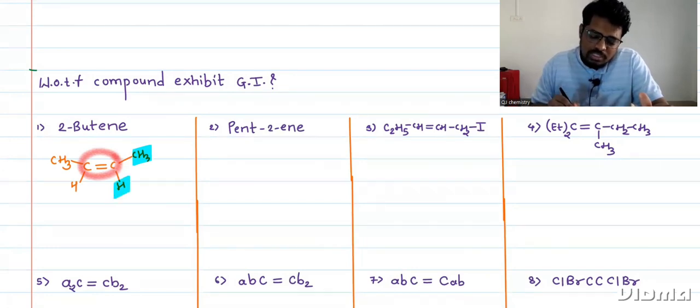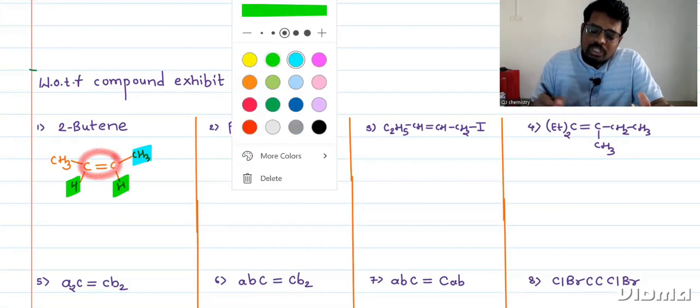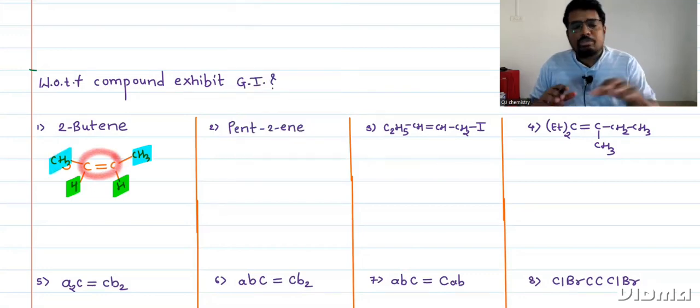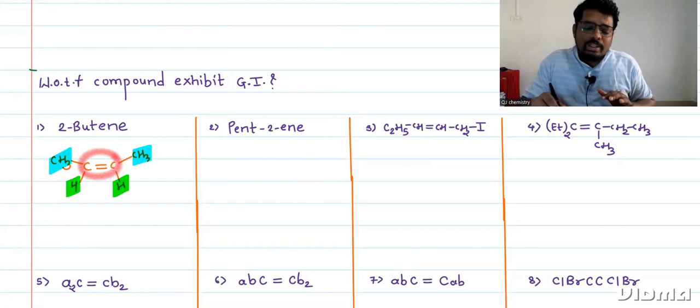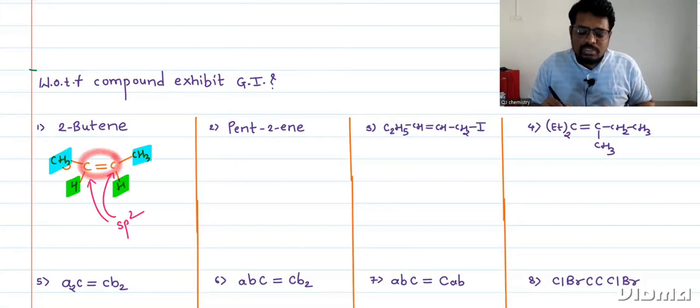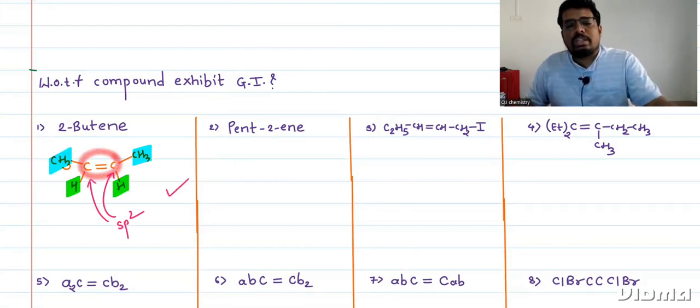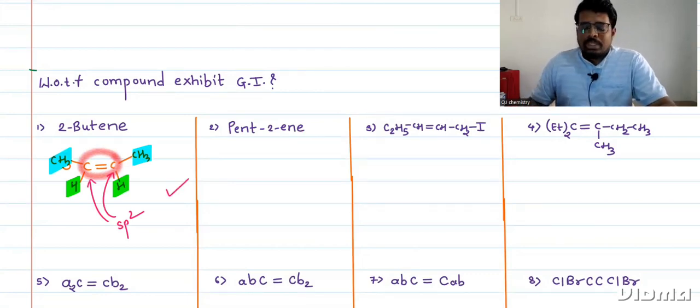So we have different groups. Similarly, on the second carbon also, we have one hydrogen and one methyl group. So the groups are different. And the hybridization of the double bond carbons is sp2, so the system is planar. So yes, butene shows geometrical isomers.